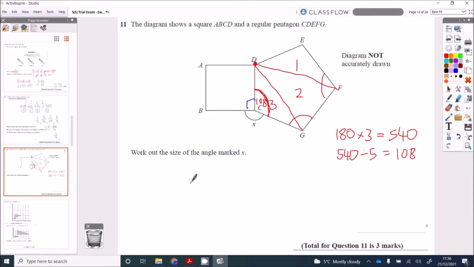So angle x is going to be 360, take away the 90 degrees and take away the 108 degrees. Just on the calculator, 360, take away 90, take away 108. That gives us 162 degrees.